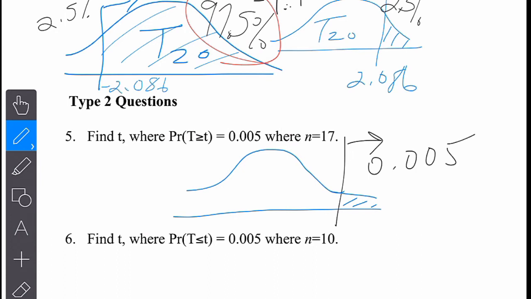The question is, what is t? What's the t critical value for that? So how would I figure that out? Well, I have to do things backwards, right? Rather than looking inside the table and going up, I'm going to start on top at the probabilities and then go down. Which row should I go down to though? I need to go down to T16.